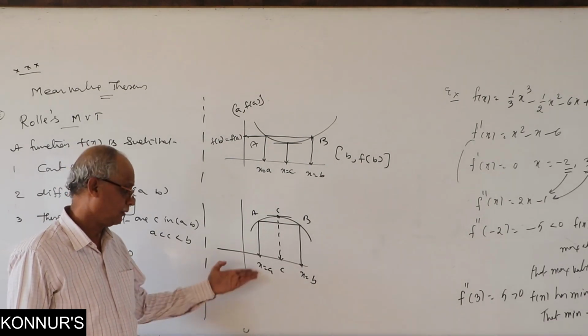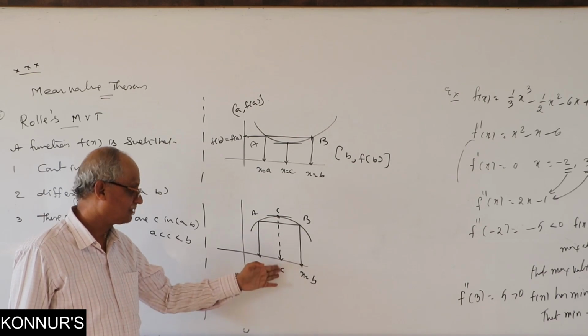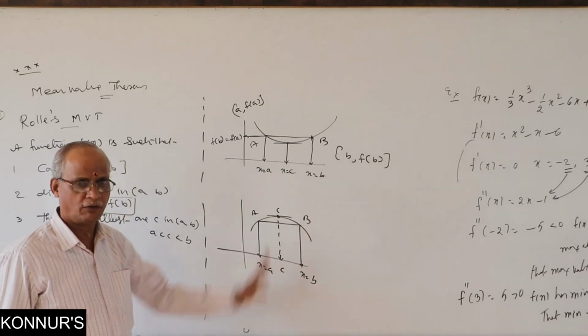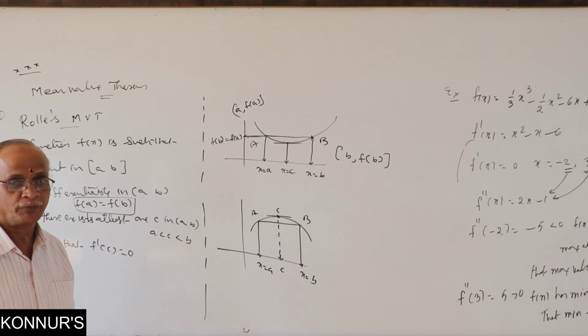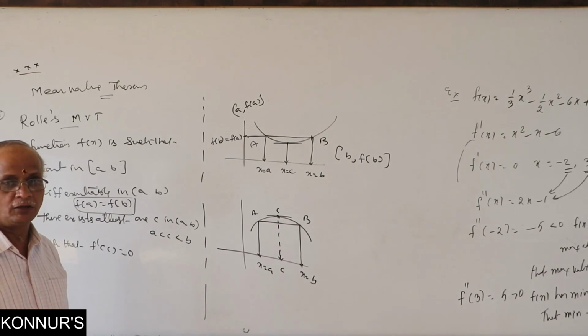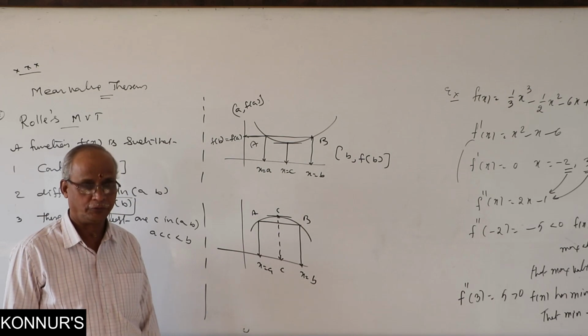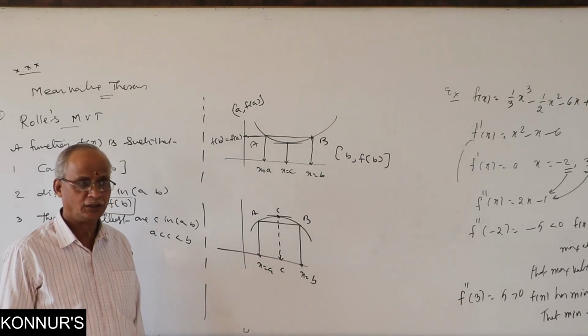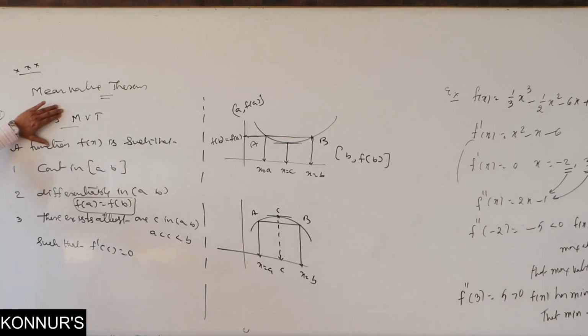Midpoint means what? (x1 plus x2) by 2. (a plus b) by 2 is the x value. Write it down in the function and you will get the y value. Finish it, because it exists as a midpoint. Midpoint means average. Average means in statistics mean value, arithmetic mean. What is the AM of a and b? (a plus b) by 2. Since it happens to be the mean of a and b, that is the reason for the name mean value theorem.